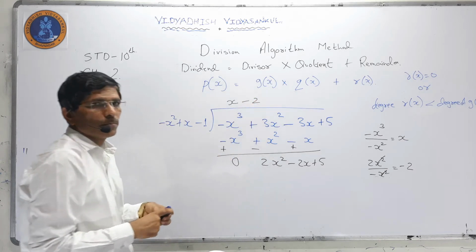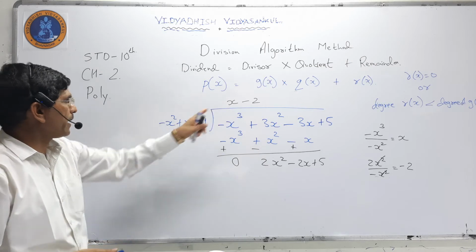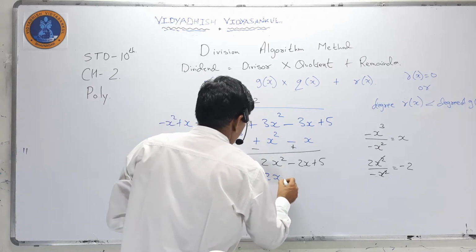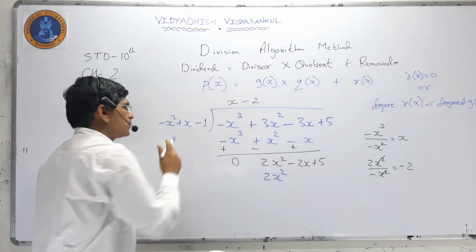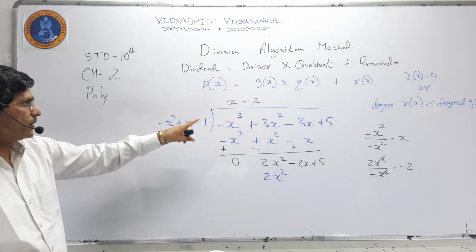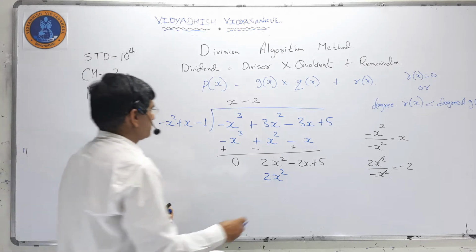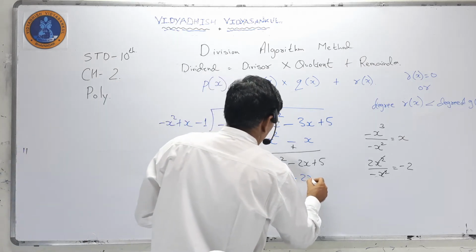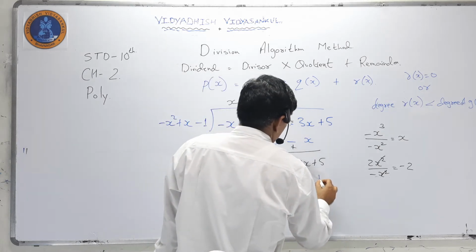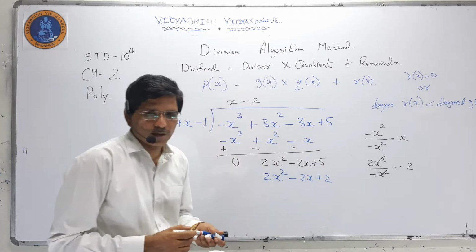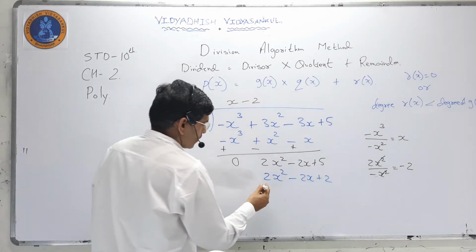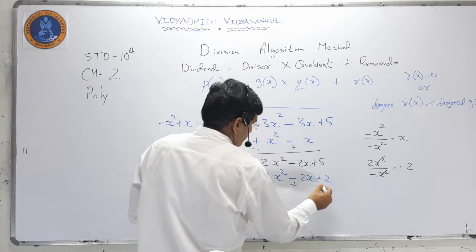Now I have to open the bracket. That is minus 2 into minus x square, that is plus 2x square. Minus 2 into x, that is minus 2x. And minus 2 into minus 1, that is plus 2. Now we have changed the sign, so minus, plus, minus.